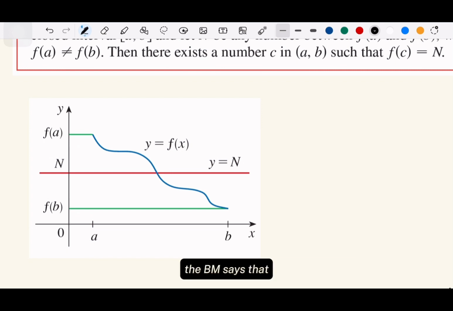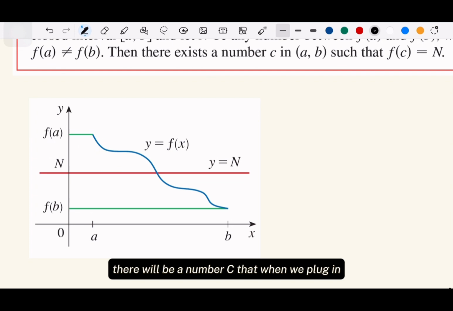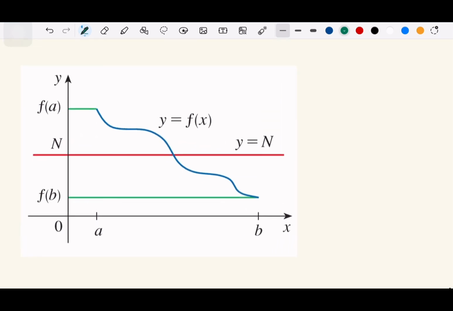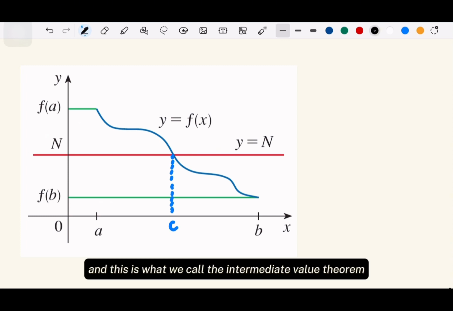The theorem says that in between this a and b, there will be a number c that when we plug in, we are going to get this. So this will be c. Okay, that will be c. And this is what we call the intermediate value theorem.